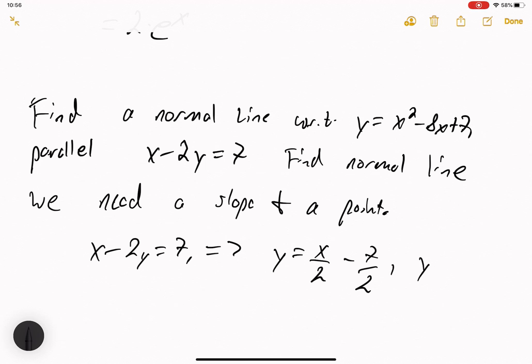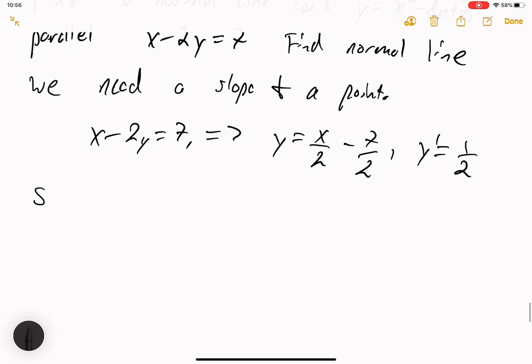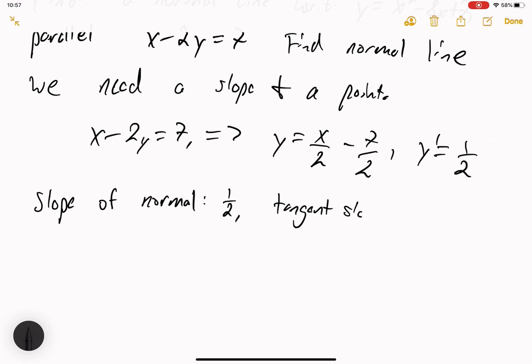And then the slope of this line, which you could just get by taking the derivative, is 1/2. So the slope of the normal line is equal to 1/2. The tangent line is going to be perpendicular to the normal line. Remember, it's perpendicular, so we take the opposite and the reciprocal.